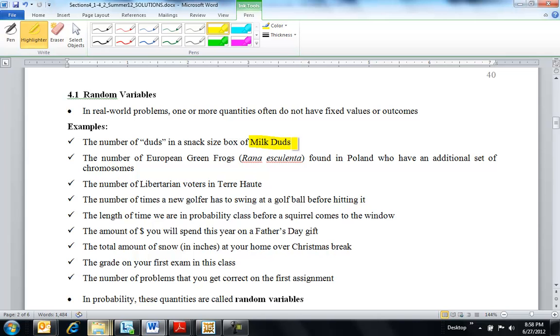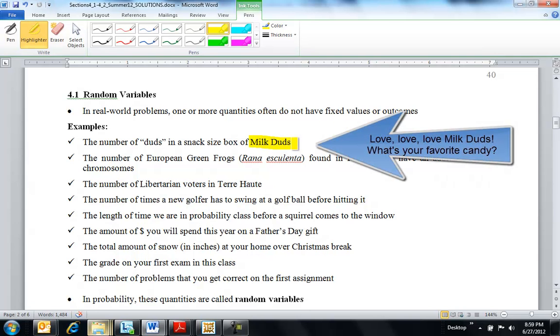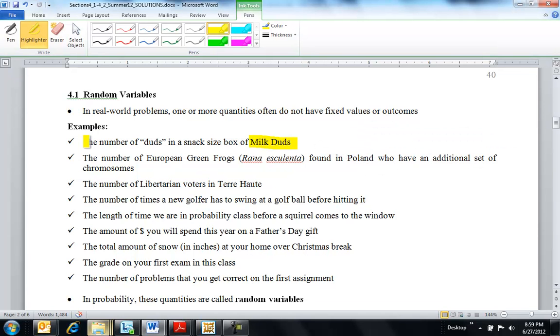If I open a snack box of milk duds, how many milk duds are inside? The number of milk duds is my variable, and it's random. It could be 0, 1, 2, 3, 4. I don't usually get more than 5.